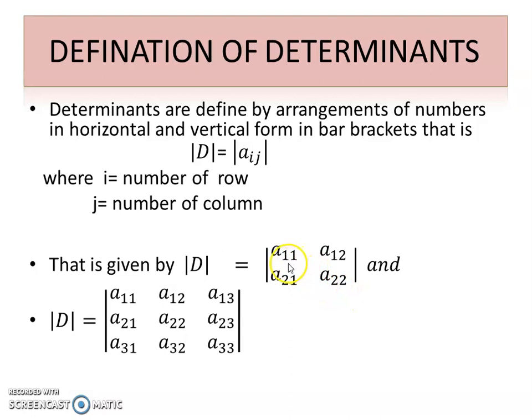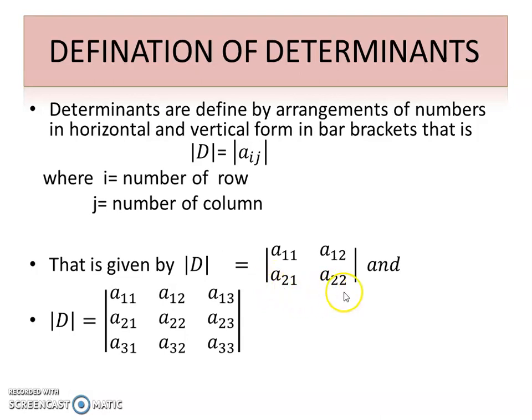This means that A11 and A12 are the elements in the first row, with respect to the first and second column. The second subscript indicates the position of the column, and the first indicates the number of the row. In the second row, obviously 2 is there.